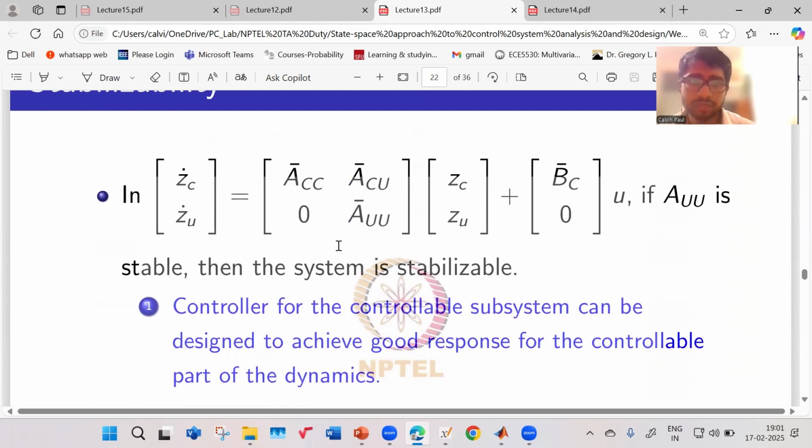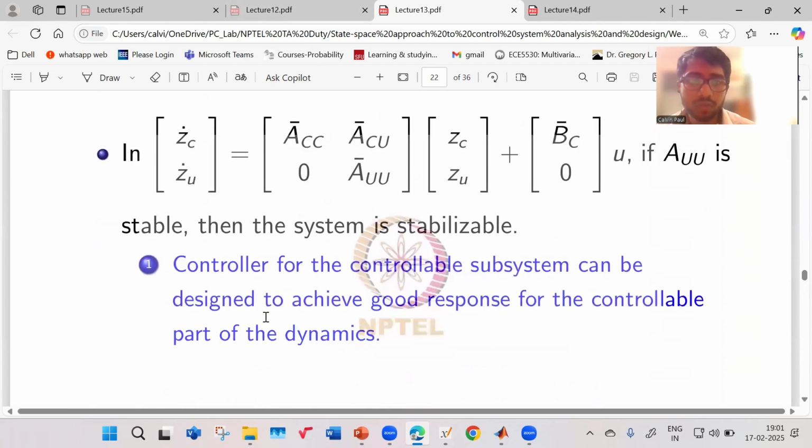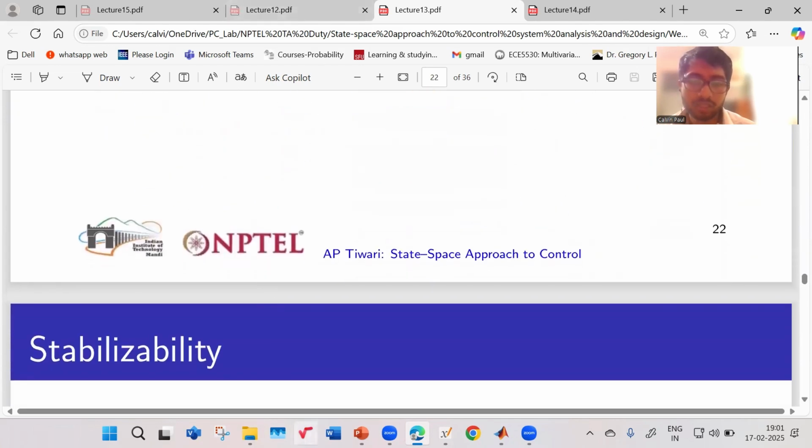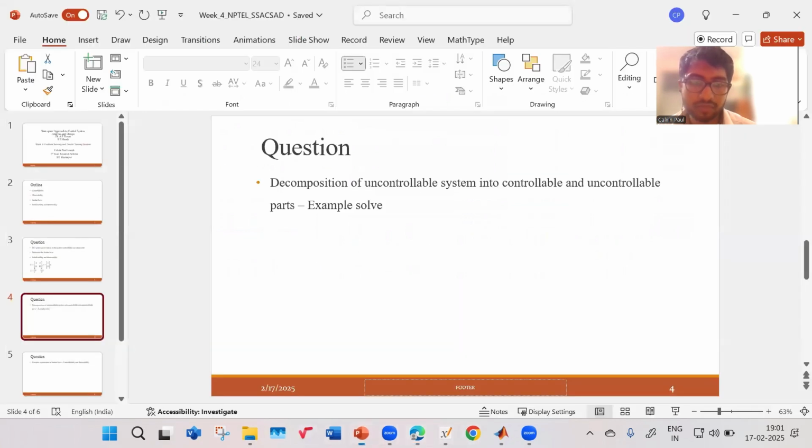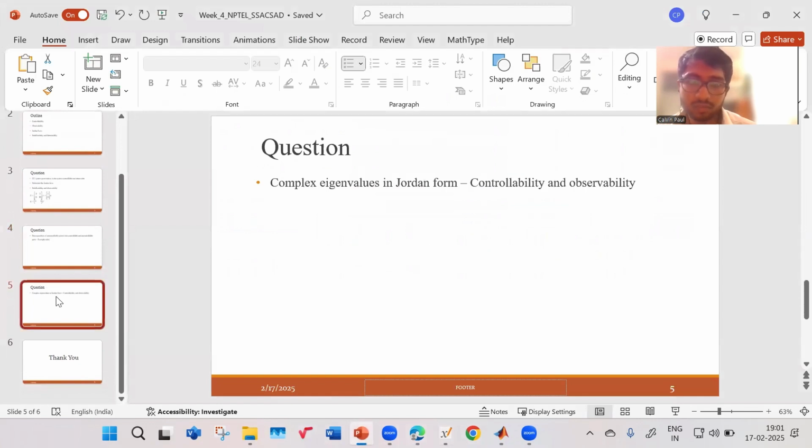Okay. So now let us go for the next part, which is complex eigenvalues in Jordan form, controllability and observability. Okay.